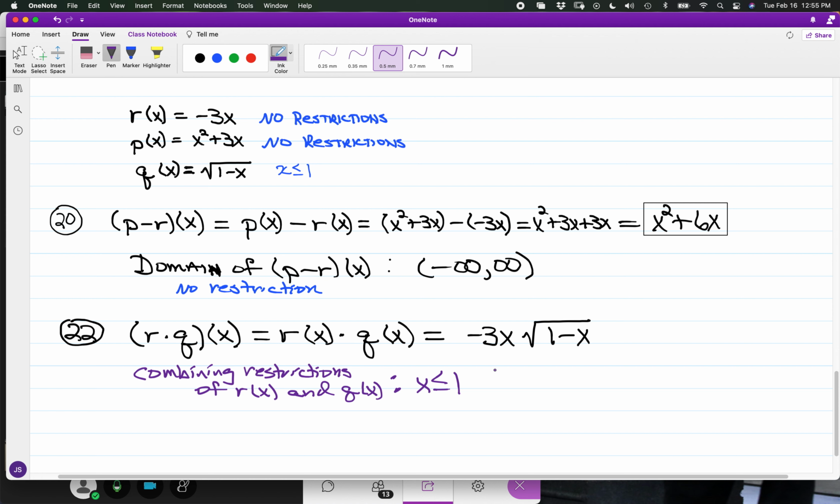And so in effect, for this output, the restriction is that x is less than or equal to 1.